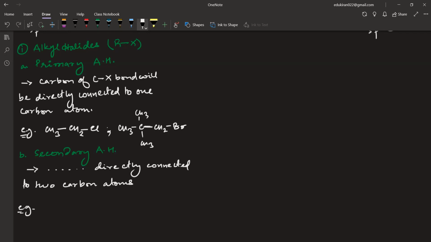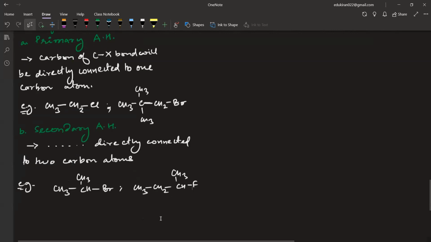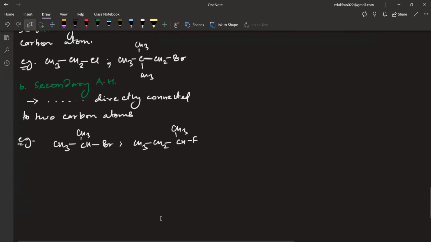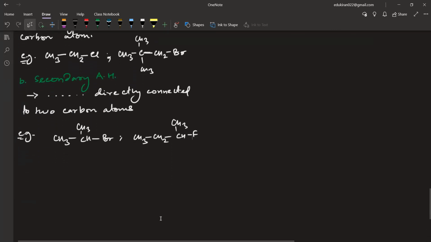Example: CH3CHBr CH3, and also CH3CH2CHClCH3. So both of these are examples of a carbon atom which has a halogen atom, and the CX bond carbon atom is directly connected to 2 different carbon atoms.